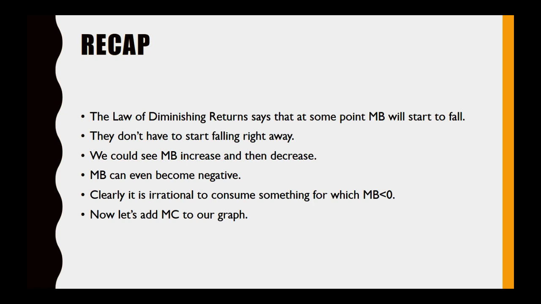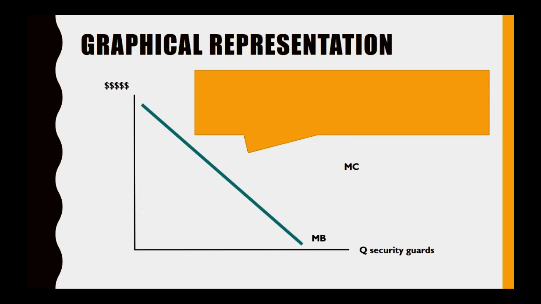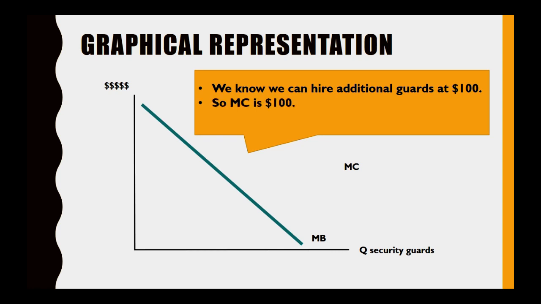All right. Now, the graph we just had only had marginal benefit. Now let's add our marginal cost curve. So we've got our diminishing marginal benefit, but we know we can hire guards, so redraw your marginal benefit curve, and let's remember that we can hire guards at $100. So does everyone agree that marginal cost is $100 and it's constant, right?